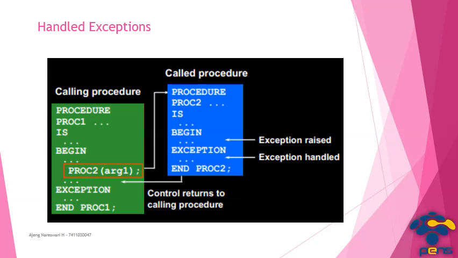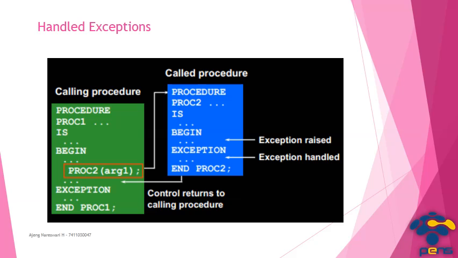And then handled exceptions. You can see from the picture. On the left side is the calling procedure, and on the right side is the called procedure. On the left side there is a block with red lines, that is the called procedure in the procedure on the right side, and at the end of the called procedure, the blue blocks, there is control result.